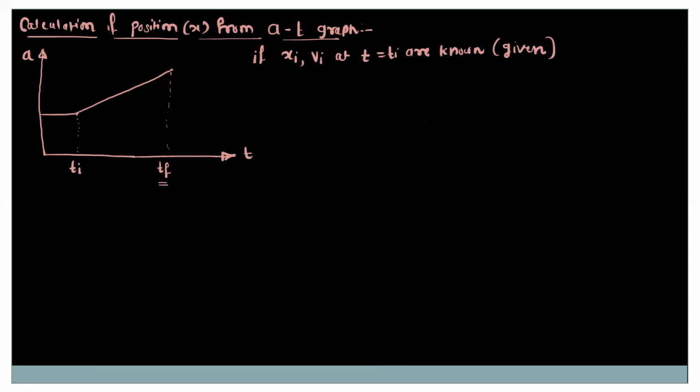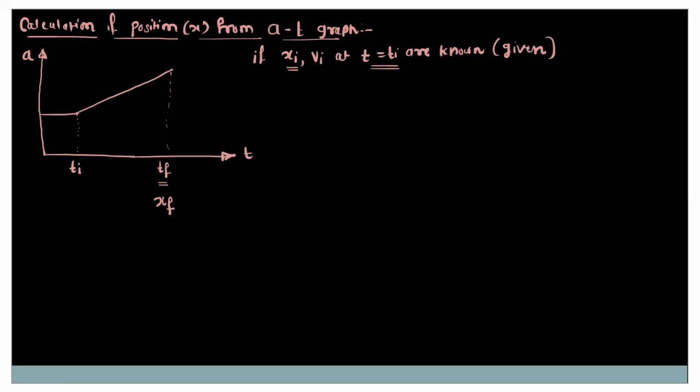Okay. So to find out the position at this point, let us say position is xf. So what is the required data to find out the xf? We must know the initial position, that is the xi. Then velocity vi at time t is equal to Ti. Okay. So these two parameters must be known. Then we can find out the xf.